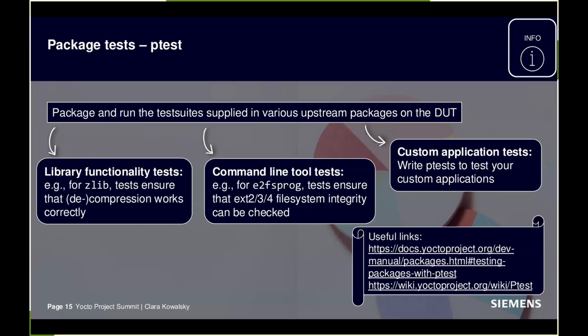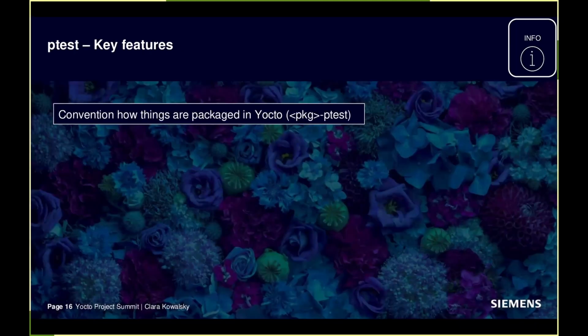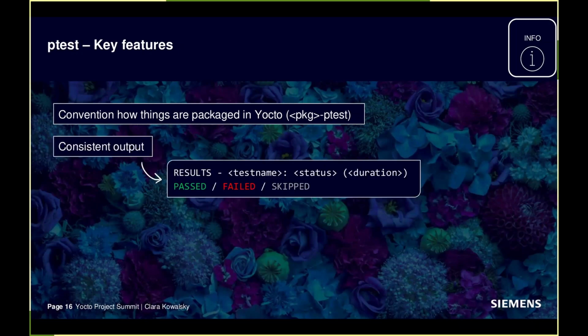And so yeah, as I just said, Ptest is a convention how things are packaged. So Yocto will create sub-packages for you. Where if you have the package foo, it will create the package foo-ptest. What we get out of the Ptest run is a log similar to the test image log, with the same format.